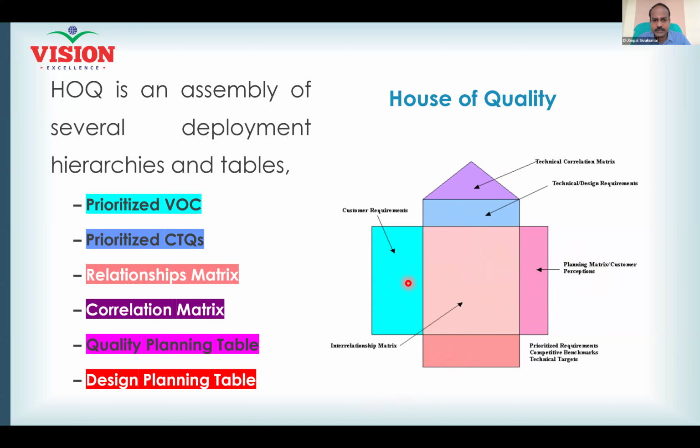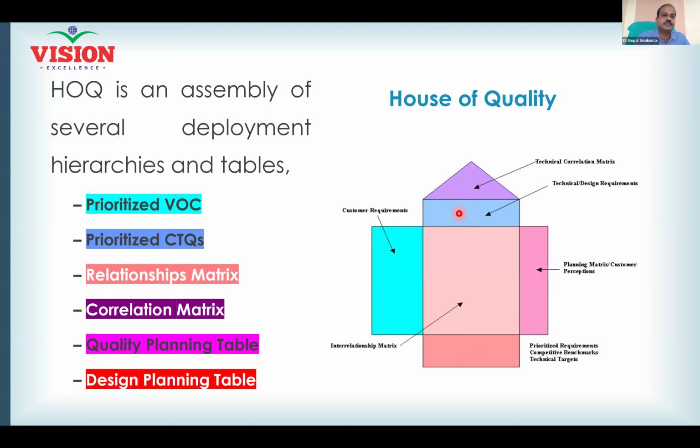So what is this one? Customer requirement. What is this one? Technical requirement. CTQ. This is interrelationship matrix and this is quality planning. This is final design planning. And the roof is showing the relationship within the specification. Do you understand what I'm saying here? This is relationship within the specification. Is there any relationship of one specification or one characteristics with other characteristics?